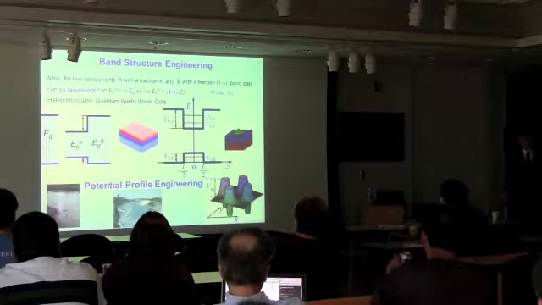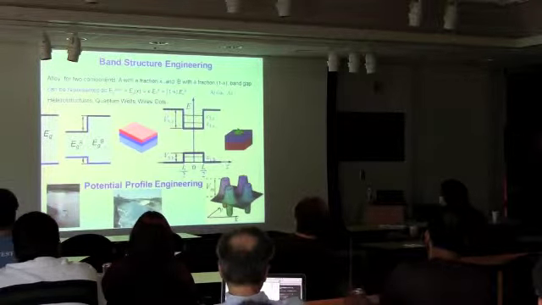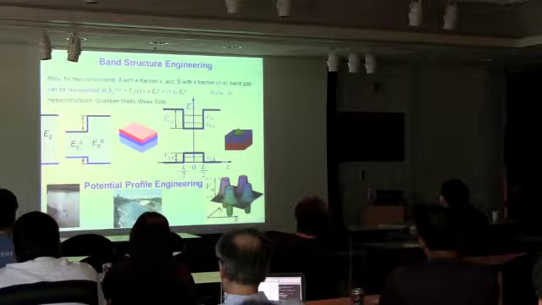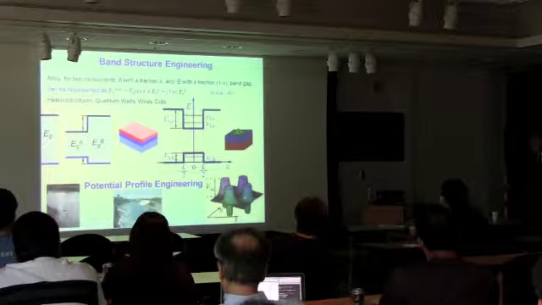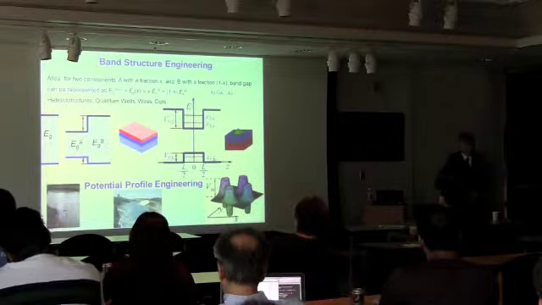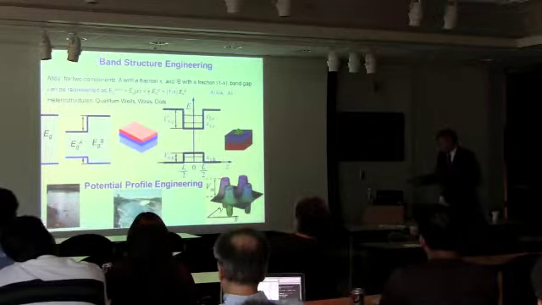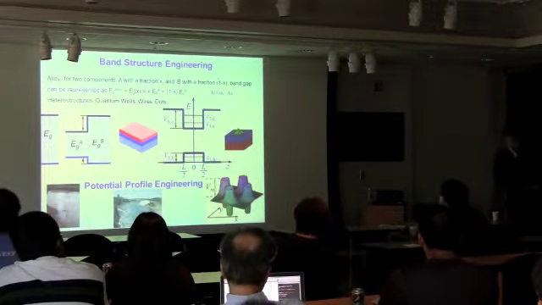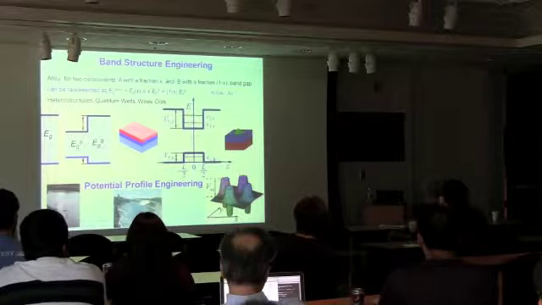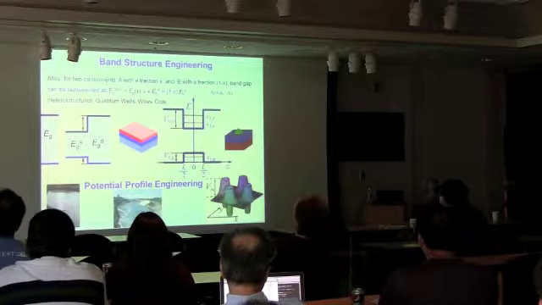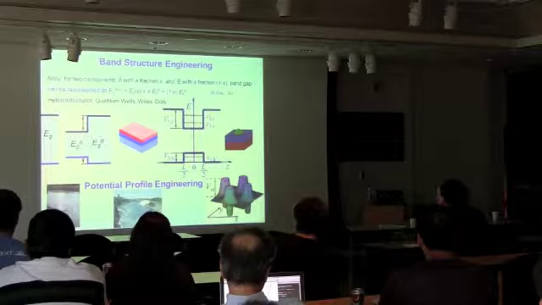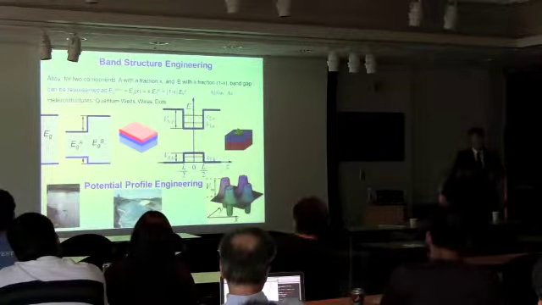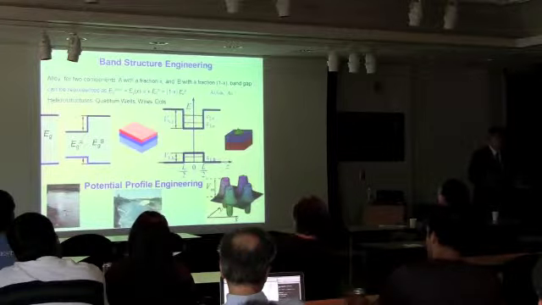But in addition, on top of that, we create a potential profile such that electrons will move between the dots, like water here is moving in a predetermined direction. Here it's going around the obstacle, and we would like our carriers to go around the quantum dots, and you will understand why we need it.